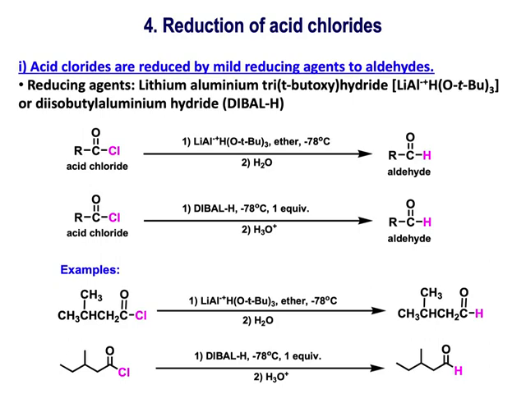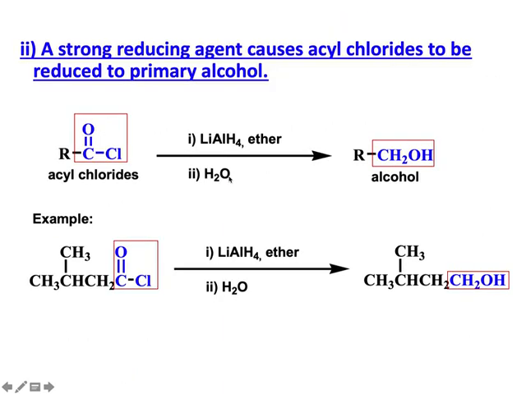First, acid chloride is reduced by a mild reducing agent to form aldehyde. There are two types of reducing agent. Number 1, you want to reduce acid chloride to form aldehyde by using this reagent. Number 2 is a strong reducing agent, so it forms primary alcohol.